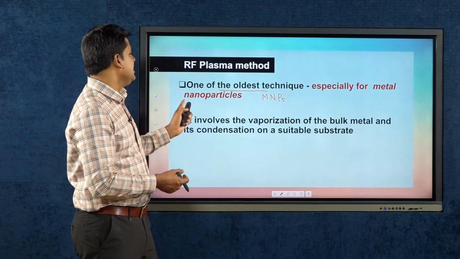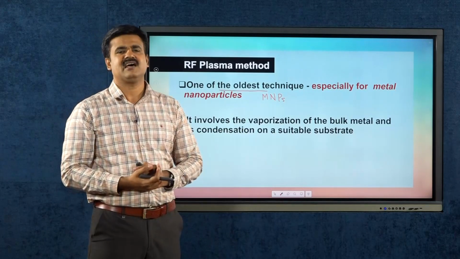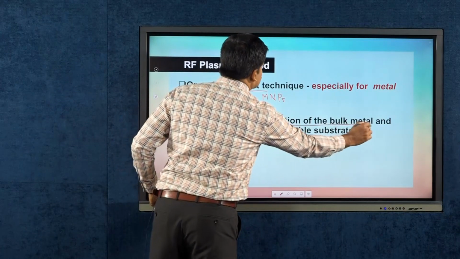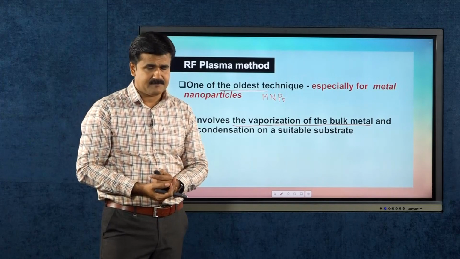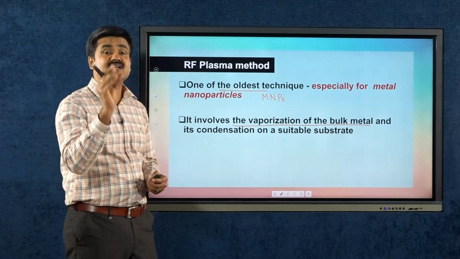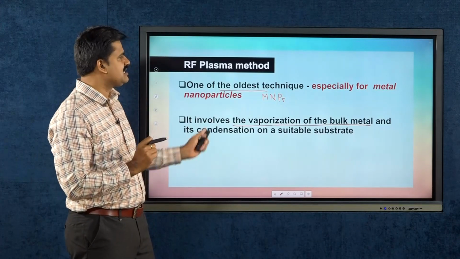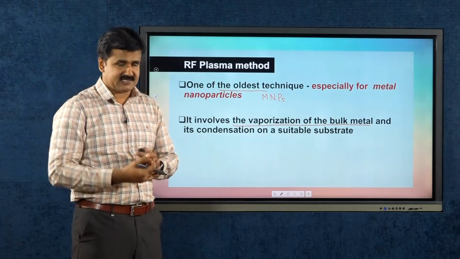Now, this is the procedure behind RF plasma method. This RF plasma method involves the vaporization of the bulk metal. For example, if you wish to prepare silver nanoparticles, you have to begin from a bulk silver metal, bulk piece of silver, and that metal is subjected to vaporization. So, you are getting silver vapors.